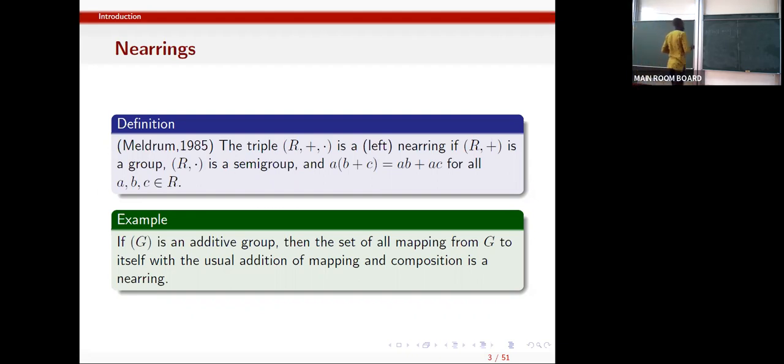As an example, I define a function fa from G to G, such that fa of x is equal to a. And I define another, fb of x is equal to b, and fc of x is equal to c. Suppose that a is different from 0.